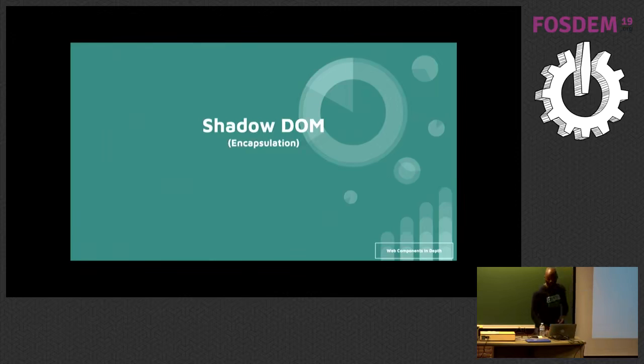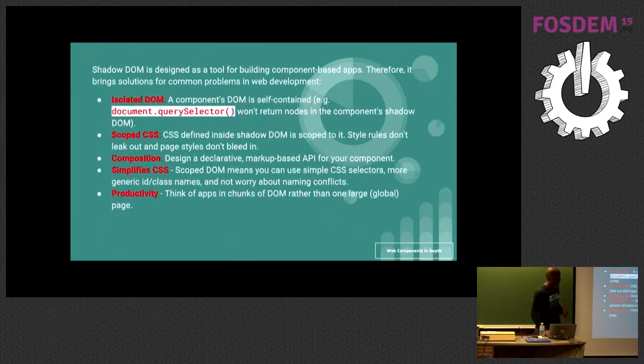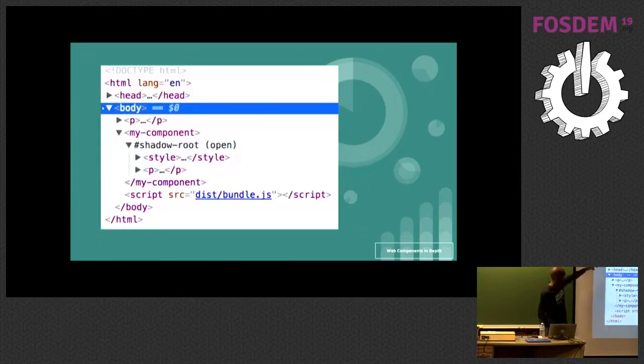So I don't have to repeat that, but long story short, the Shadow DOM will look something like this. So you get your HTML DOM, but really pay attention to that. HTML is up here, and then this is the entry point, the closing point, and then I have my component that we're going to build in a few minutes, and then I have this shadow root here.